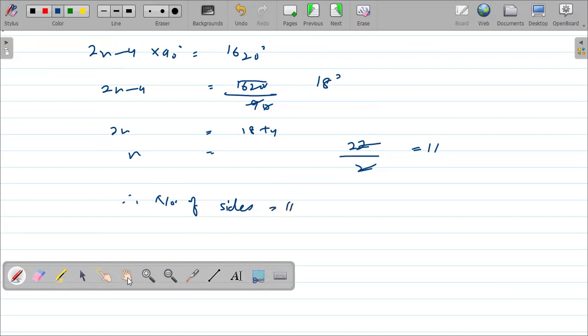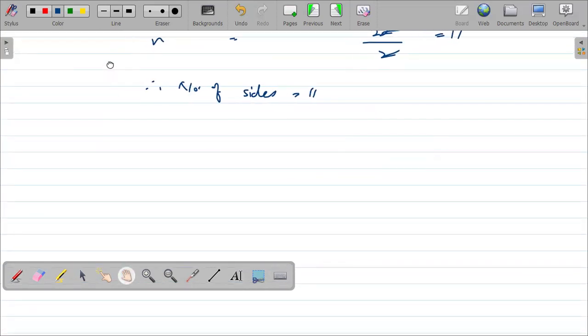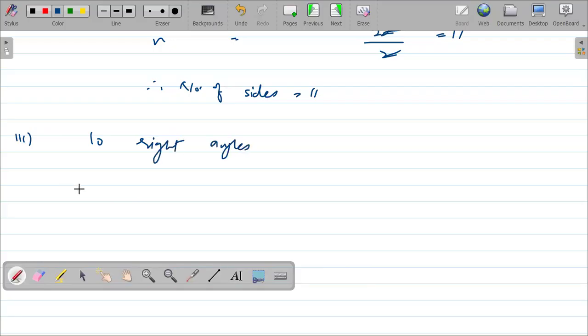11. Let's move further. 10 right angles. How we will solve it? Means 10 into 90. It will be equal to 900 degree. Using the same formula, 2n minus 4 into 90 degree equal to 900 degree.